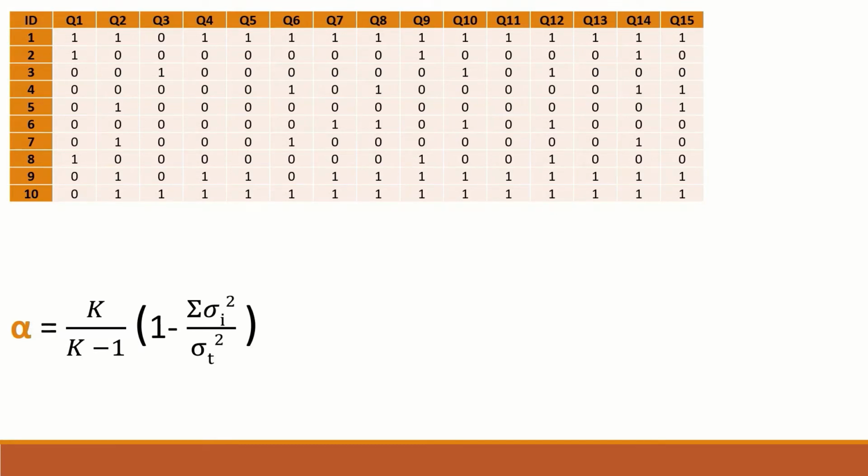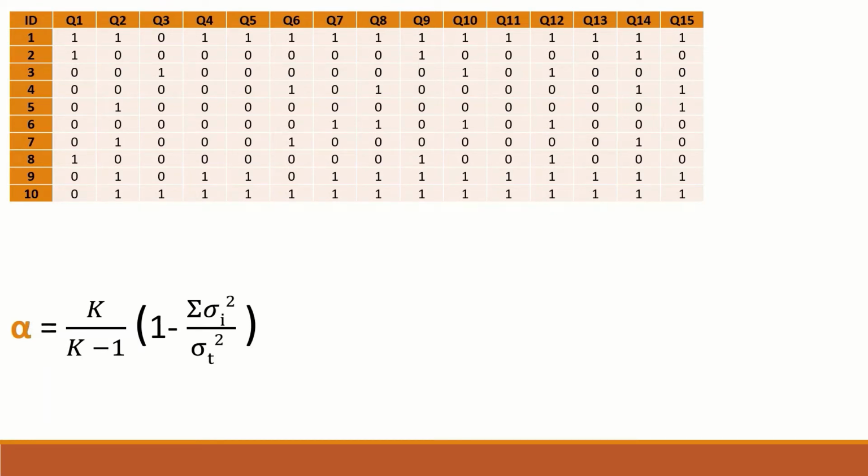A correct answer for each question is recorded as 1, and an incorrect answer is recorded as 0. And to evaluate this exam and assess the multiple choice questions and determine whether the exam is reliable or not, we will use the Cronbach's alpha equation.